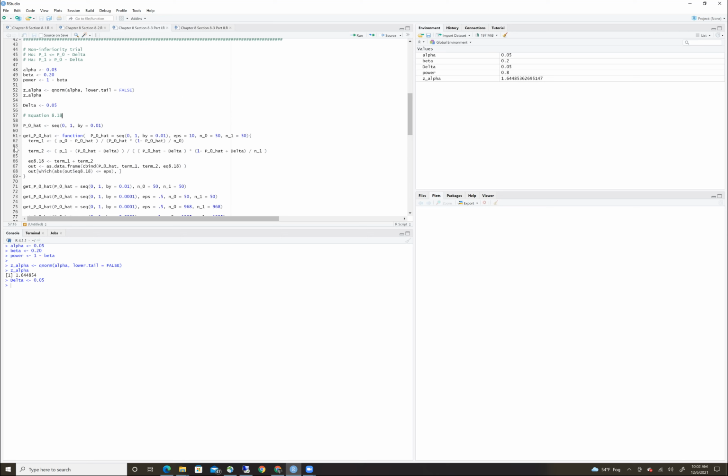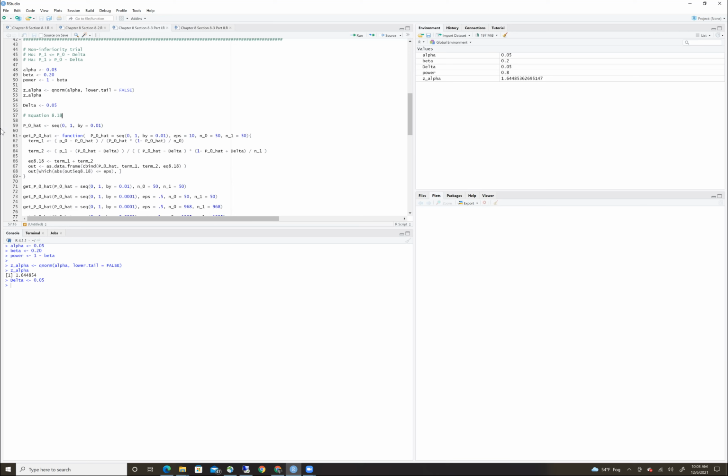So if you look at equation 8.18, there's two terms, right? They have to add together to equal 0 to be able to figure out p0 hat, okay, which is the maximum likelihood estimate of the standard treatment success rate, subject to the constraint that the difference between the success rates is at the limit of indifference.